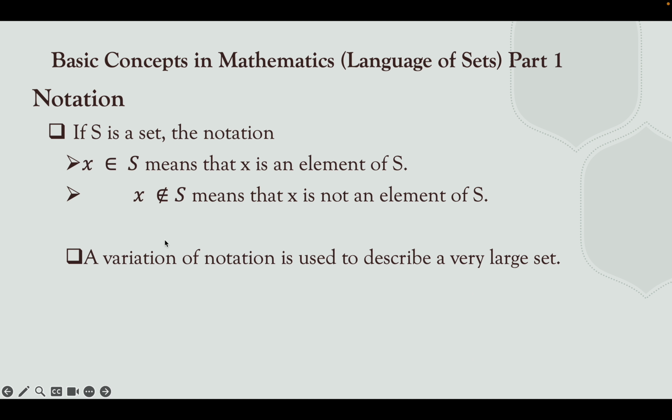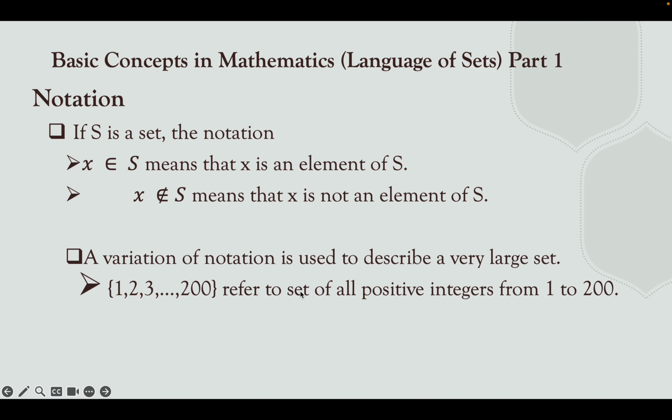A variation of notation is used to describe a very large set. For example, we have the set 1, 2, 3, and then you put dot, dot, dot until the last term of your given elements. For example, it refers here to the set of all positive integers from 1 to 200.